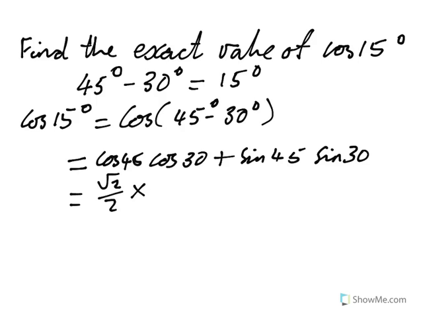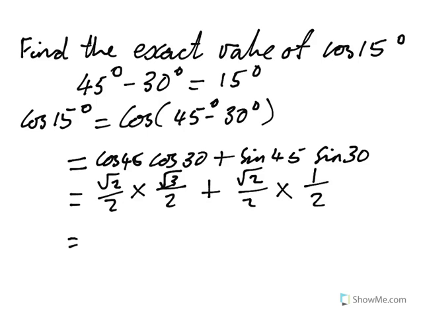Cos 30 is root 3 on 2. Sine 45 is root 2 on 2. And sine 30 is a half.